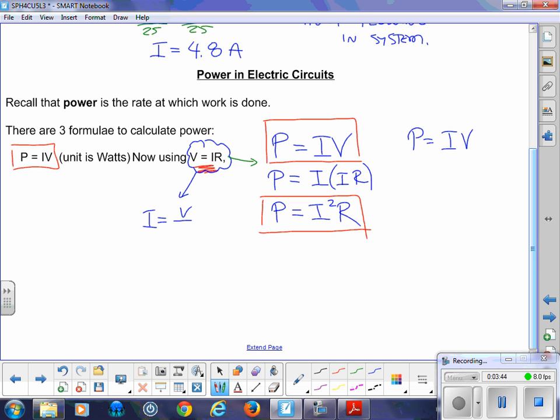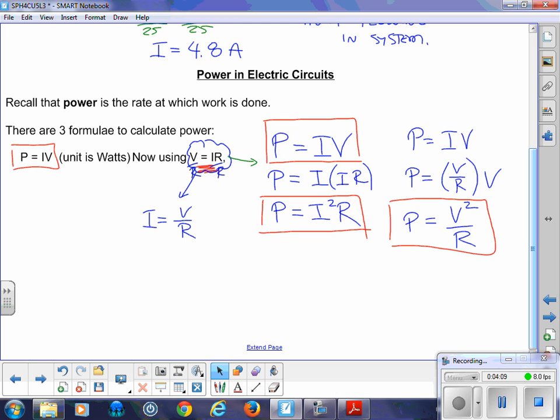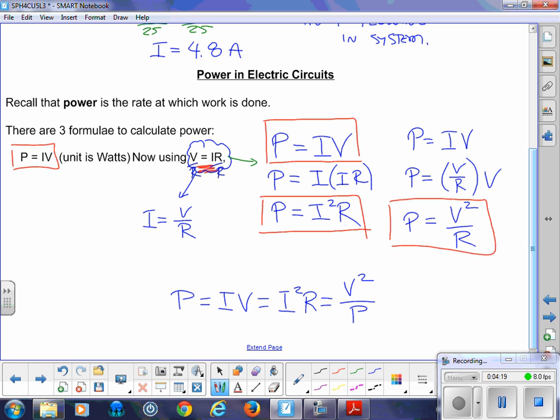That would be V over R, since I divided both sides by R. I replace that in the formula: P equals V over R multiplied by V. So power equals V squared over R. And there's our third formula. To sum it up, power is IV, which is equal to I squared R, which is equal to V squared over R.